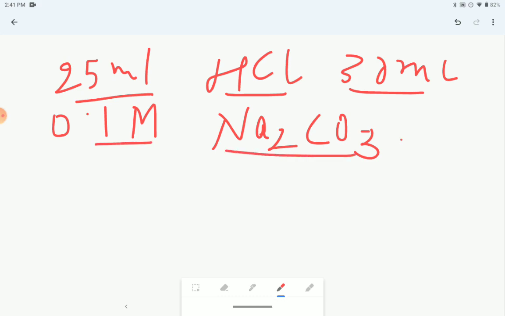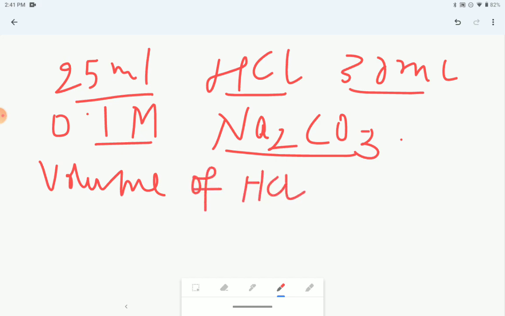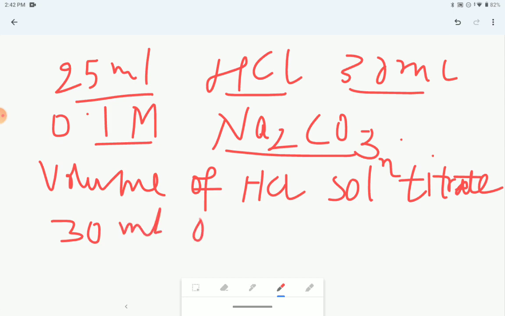Then they asked us to find out the volume of HCl solution required to titrate 30 ml of 0.2 molar aqueous NaOH solution.